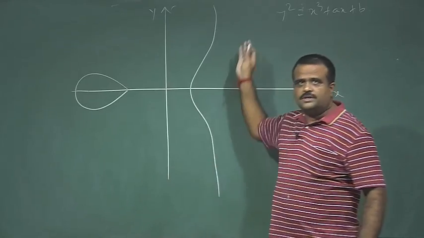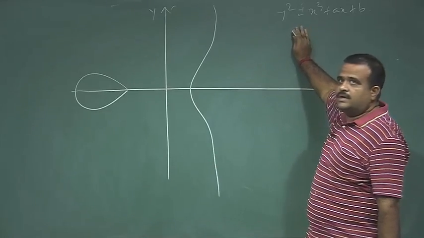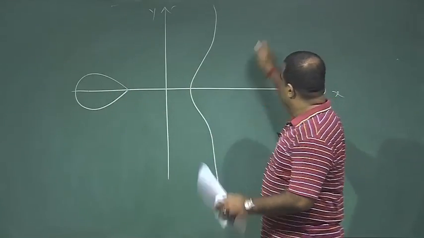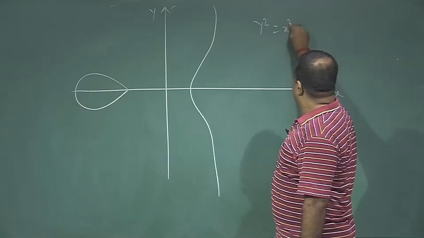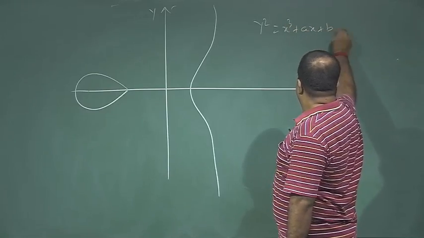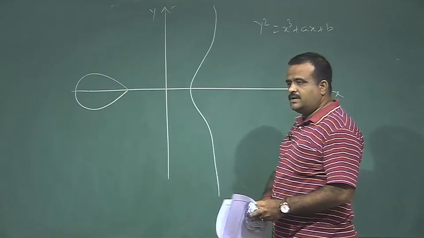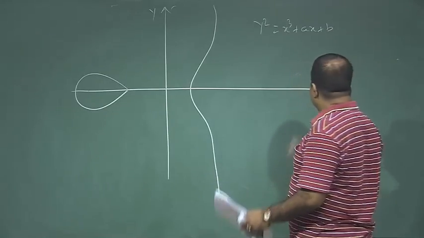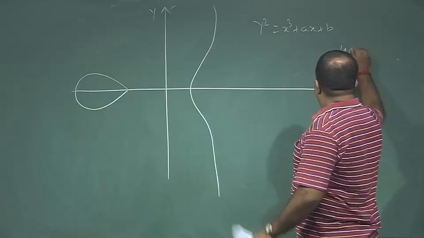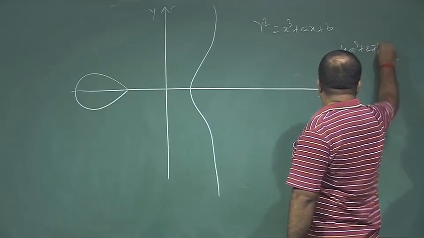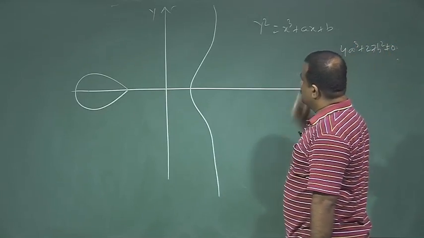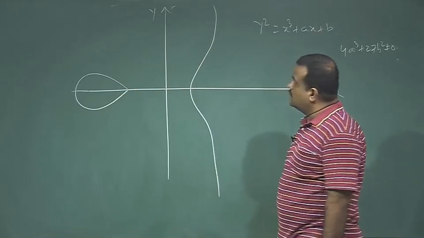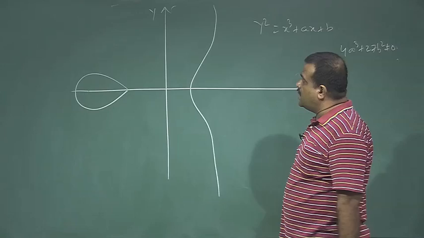If you draw this equation y square equal to x cube plus ax plus b, where we have the non-singularity condition on a, b, that means we choose a, b such that 4a cube plus 27b square is not equal to 0. So this has two parts, this one and this one. Now, how do we define addition?